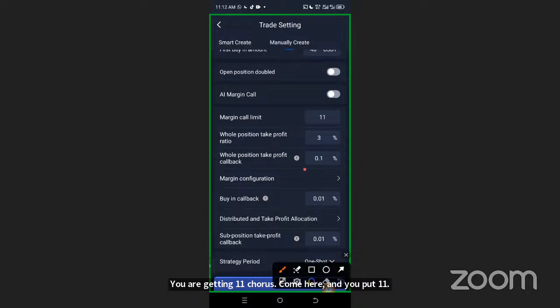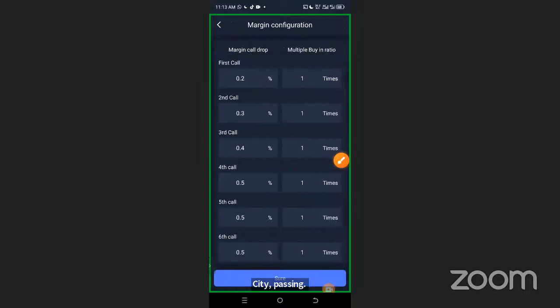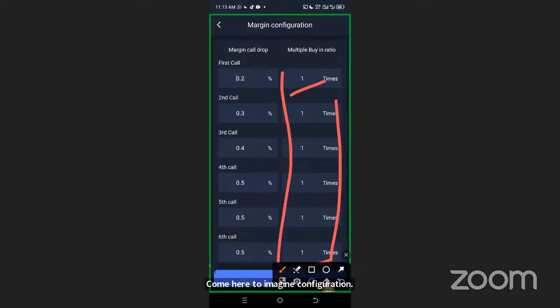These ones remain the same. And this, they remain the same. They are constant. 3%. 0.0 remain the same. Come here to margin configuration. Here, they remain the same. One time.